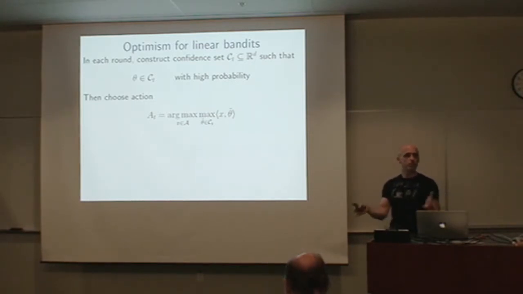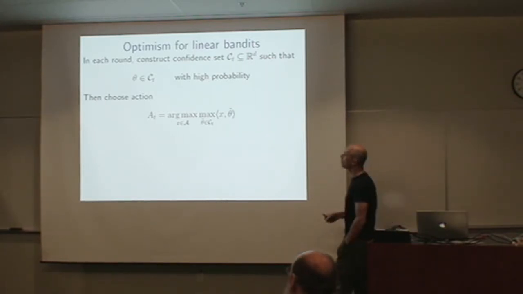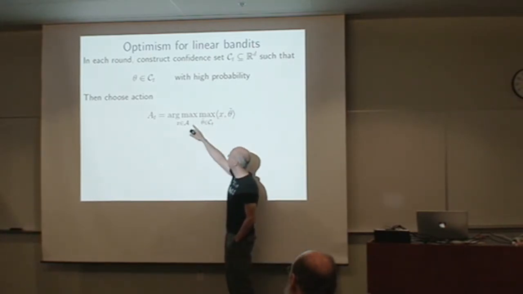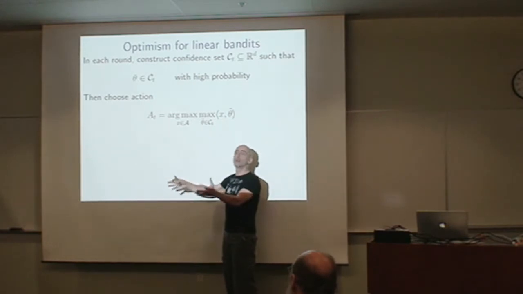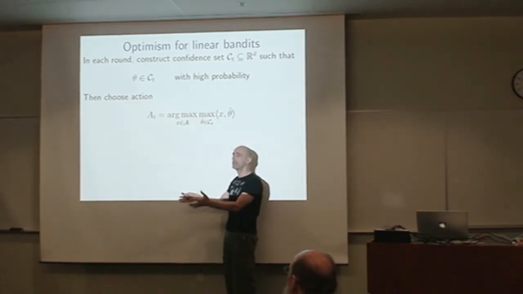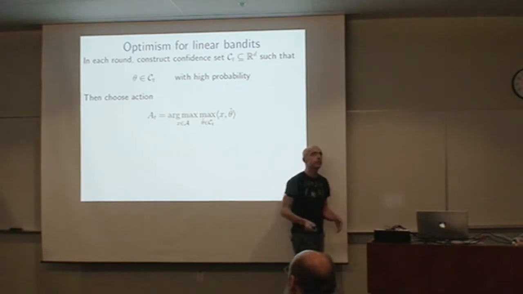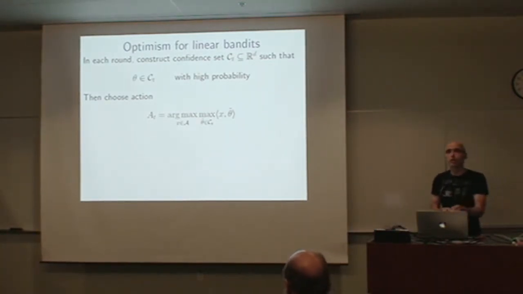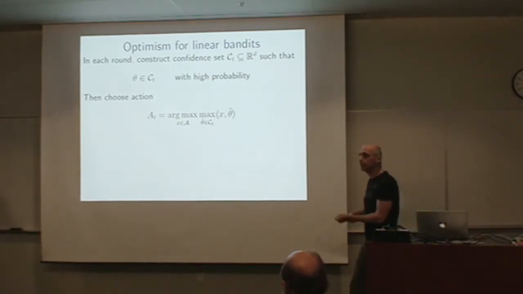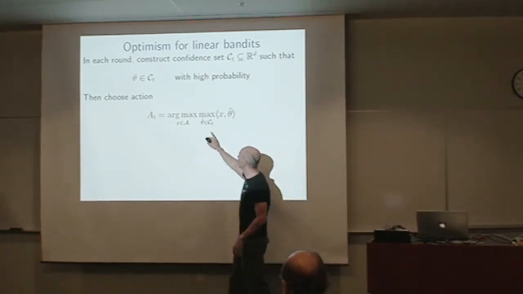So based on the data, somehow you cook up this random set, and with high probability, the unknown parameter lives in this set, and then you solve this joint maximization problem. You choose the best parameter vector for every vector x in your action set, and then you get a score for every action. And then you choose the action with the highest score. So you're optimistically viewing every single action: how much could the payoff be if the parameter vector lived in this high probability confidence set?